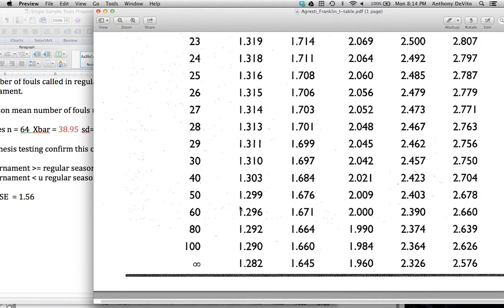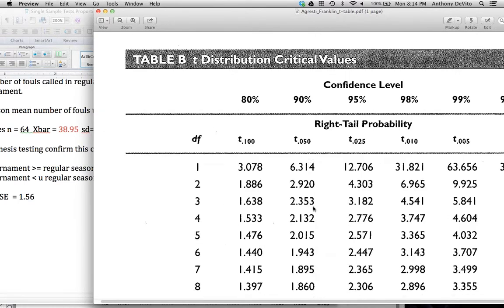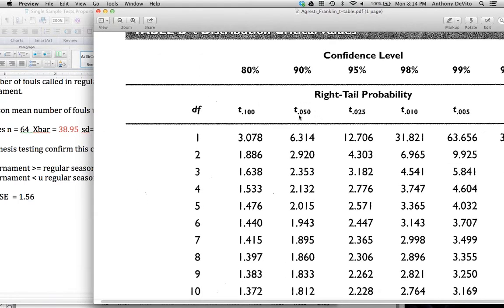So my probability is somewhere between this value and this value. If I go to the top, this is for a one-tail probability of 5%. This is for a one-tail probability of 10%. So what this suggests is that the probability for this one-tail test is somewhere between 5 and 10%.